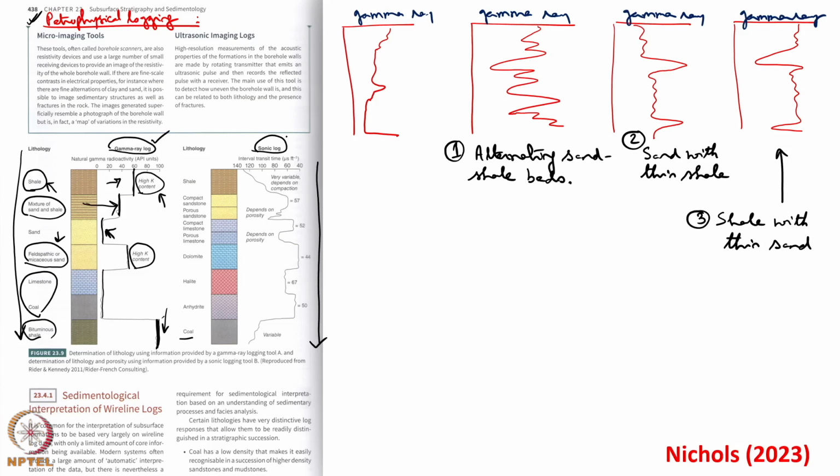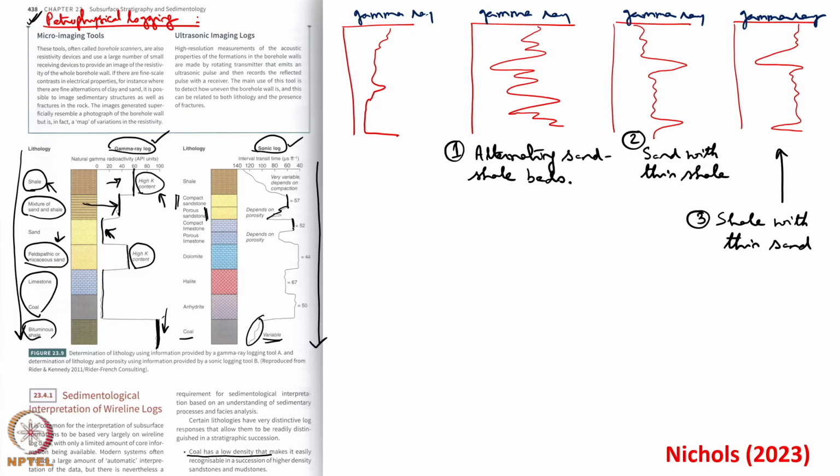Let us take the example of the sonic log. The sonic log gives us an idea about the density of the rock. Since coal has a low density, the interval transit time for coal is low, and it is variable because coal is a heterogeneous material. Since compact sandstone has more density than porous sandstone, there is a peak here and then there is a progressive fall.